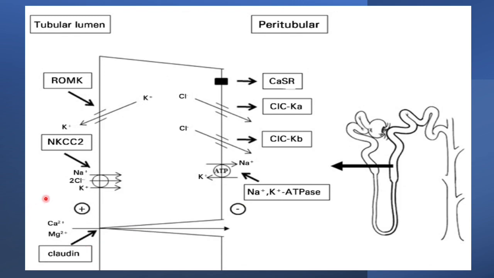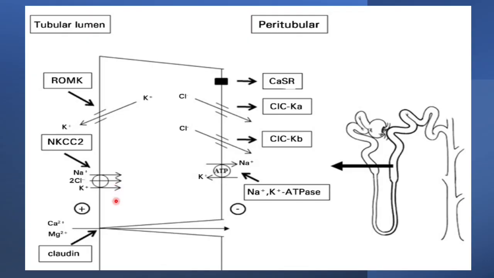Now there is a disease called Bartter syndrome. This is a very rare disease, and it occurs due to mutation of the gene for Barttin, which is an integral part of the protein essential for this chloride KB channel. The mutation of this gene also causes a problem in the NKCC channel.